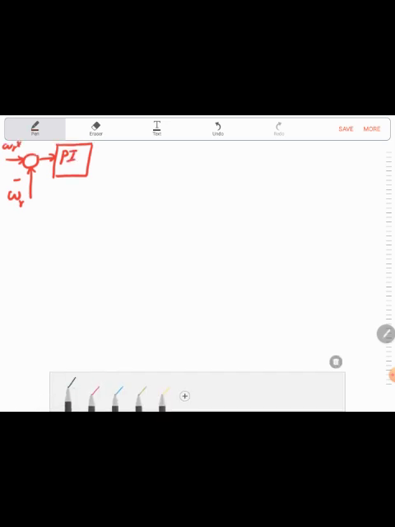So here we can plot the indirect vector control block diagram, and we start here with omega R reference, which we compare with omega R, and after that we need speed control, which is PI, and this one is the speed controller.